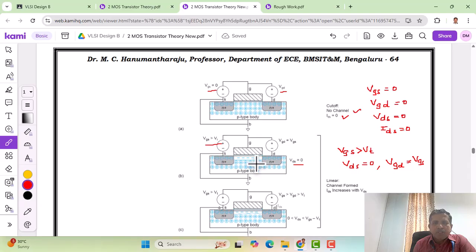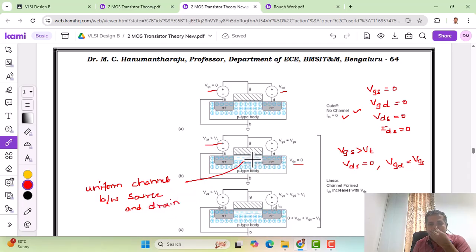So what we can observe is the channel is uniform. We can say there is a uniform channel formation between source and drain. The channel is not pinched off in this case.